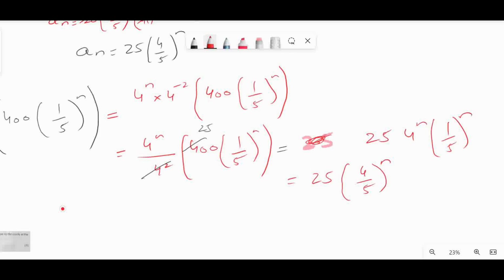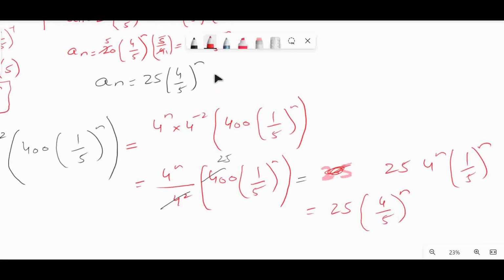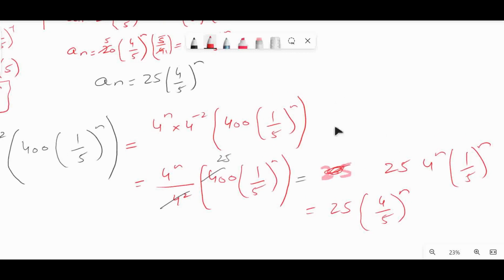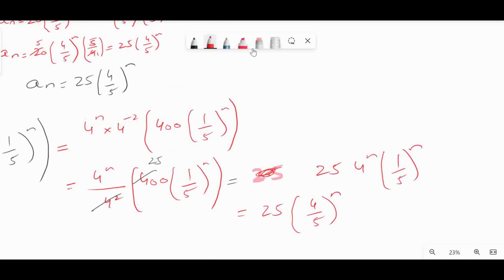We can see that this is equal to the nth term of the first one. It means that these two are equal. So finally, this is the expression for the nth term of the other one, and we got the same expression.